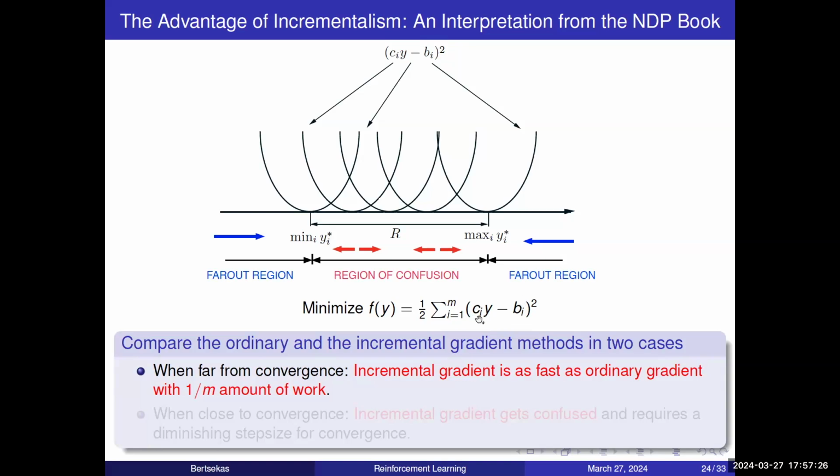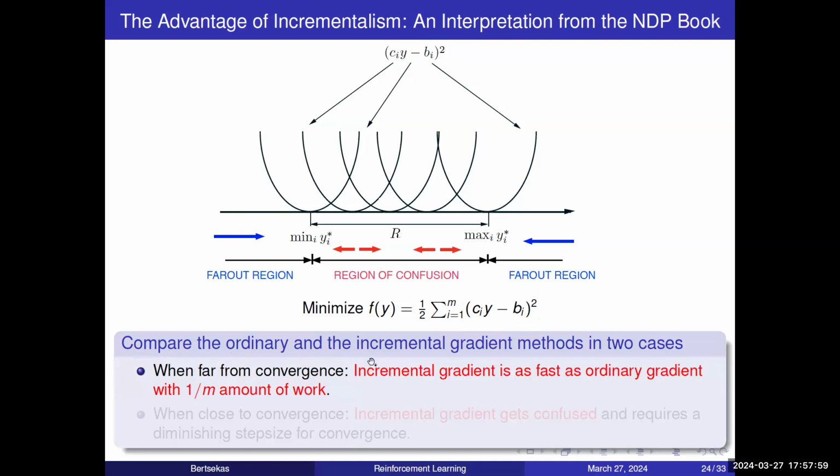And then we collect state and cost pairs, where c would represent the state and b would represent the cost. So essentially, this is the difference between the linear cost approximation we have and the cost from the training data we have, and we would like to minimize the sum over all the sample data.